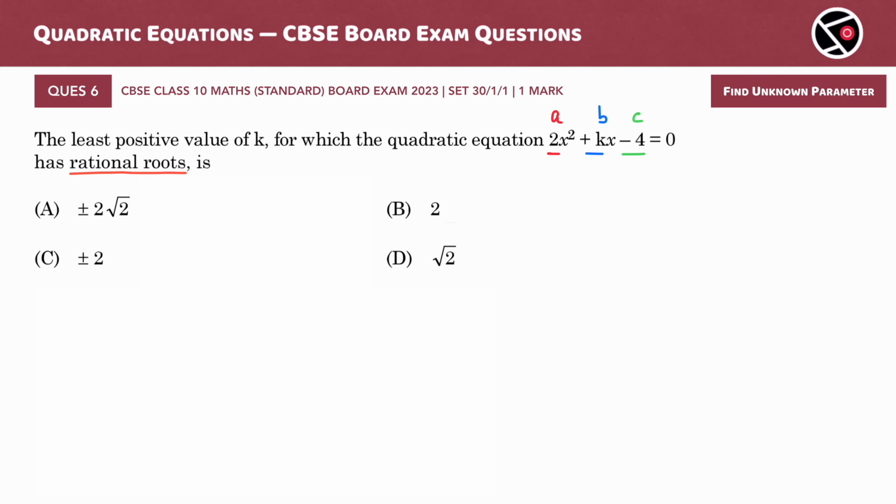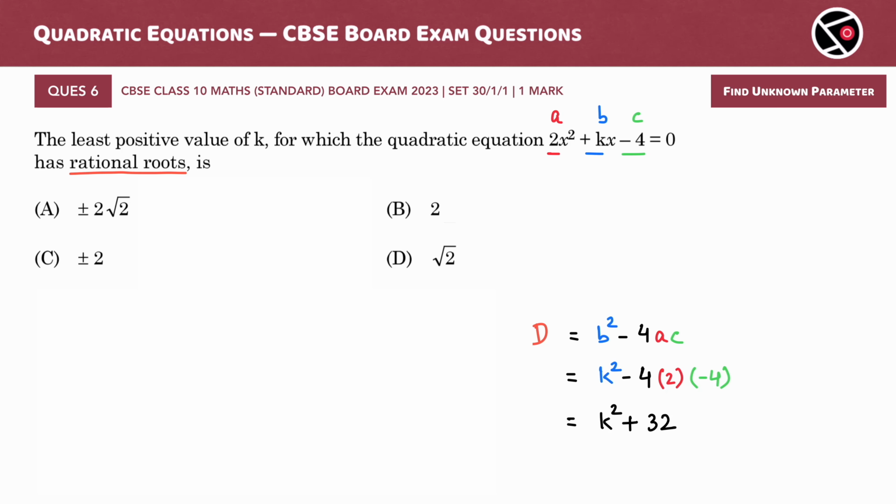Now, how can we ensure that the roots are rational? If we need rational roots, we must make the discriminant a perfect square. For this problem, discriminant b square minus 4ac equals k square minus 4 times 2 times minus 4. Discriminant is k square plus 32.